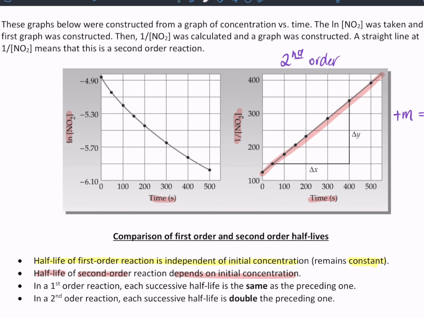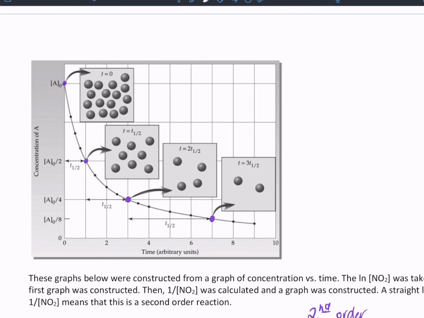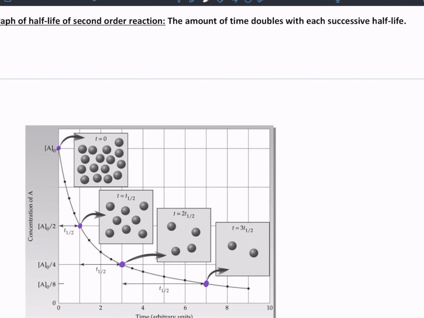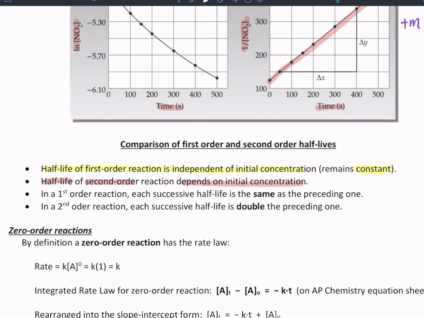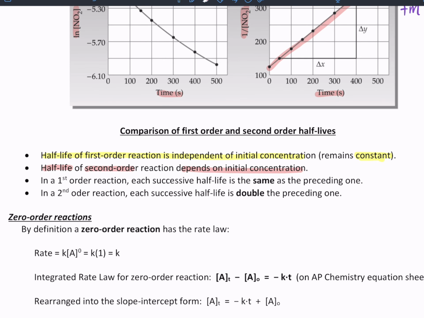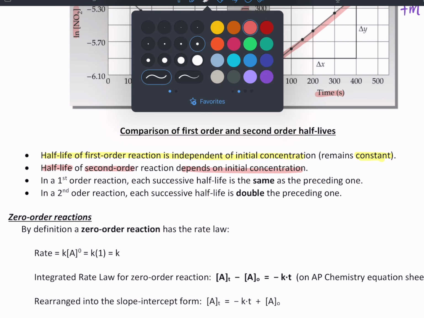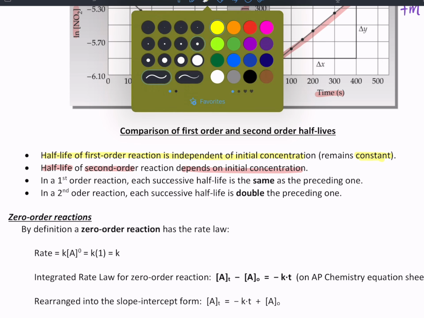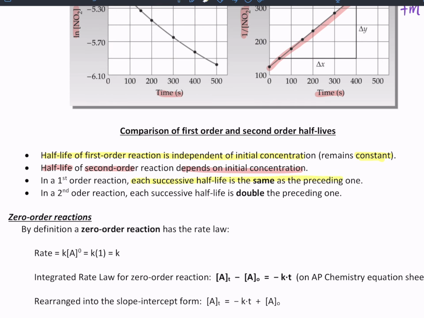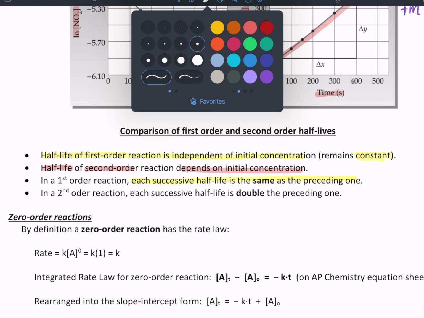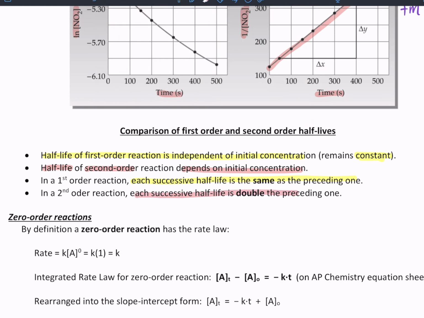Okay. Again, that's like what we just saw here. It's going to depend on that initial concentration, and it's going to double with each successive half-life. Okay. First order reaction, each successive half-life is the same, whereas our second order half-life, like I just said, is going to double each time. Okay, so if it's 1 second, it would then double to 2 on the next, to 4, and so on and so forth.